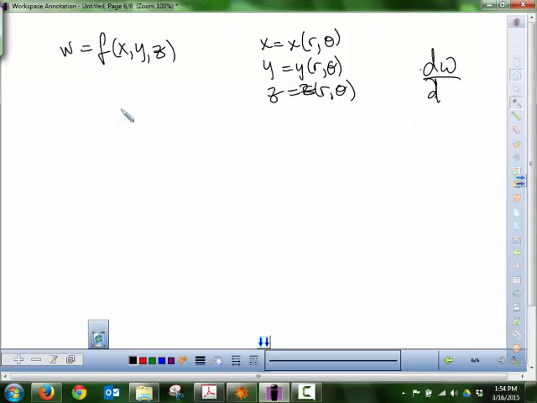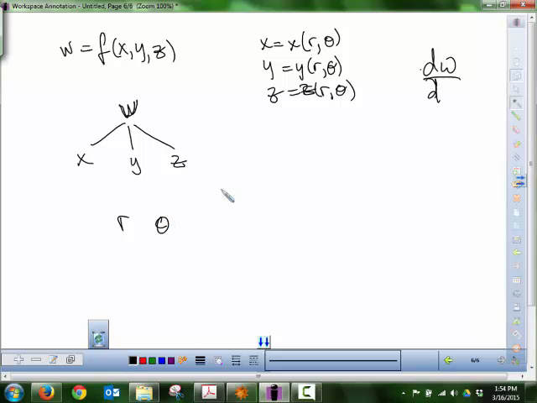Let's take a look. So w is a function of how many variables? Three variables, x, y, and z. x is a function of how many variables? Two. So the fact that it's a function of two variables means it's going to be a partial derivative. So you have a straight d over a partial? No, it's both partials. Okay.